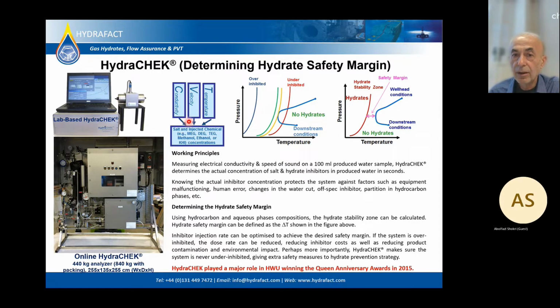And then by knowing the amount of inhibitor, we can plot the hydrate phase boundary and see whether we are outside or inside, how much we are outside, how much we are inside.